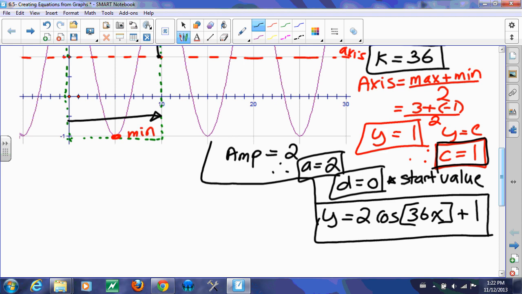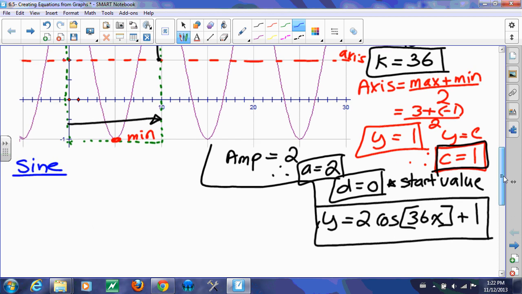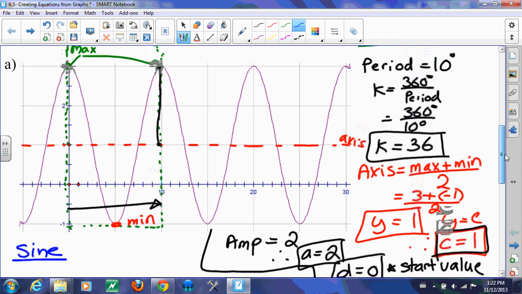Now we're going to do the sine one. And some things are the same with the sine curve, and some things change. So let's take a look at the sine curve. Sine always starts at its axis, and it goes up to its max, back to its axis, down to its min, and up to its axis. So looking at my graph, right here is where I would start my sine if I wanted to start with positive values because it shoots up.